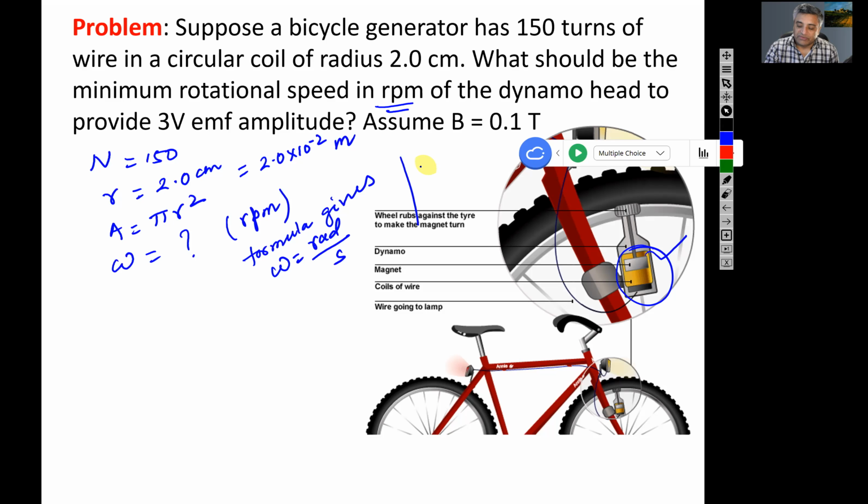And we know 1 revolution is 2 pi radians. So we need to use all that information. And EMF is 3 volt, like 2 dry cells, right? One battery has 1.5 volt, another battery 1.5 volts, so total 3 volts. It's that kind of scenario. And the magnetic field is 0.1 Tesla.